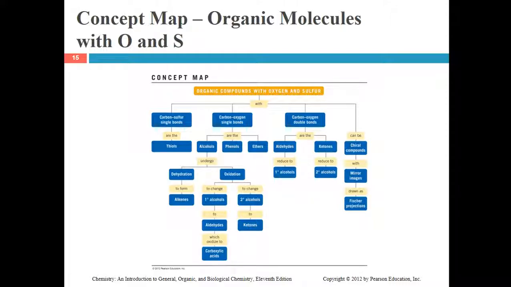So here's our concept map. I want to bring out a couple of ideas about the importance of chiral molecules, and you should go into the chapter and read that section. One of the things it talks about is L-DOPA. The L refers to what side the OH is on in relationship to the bottom chiral carbon.